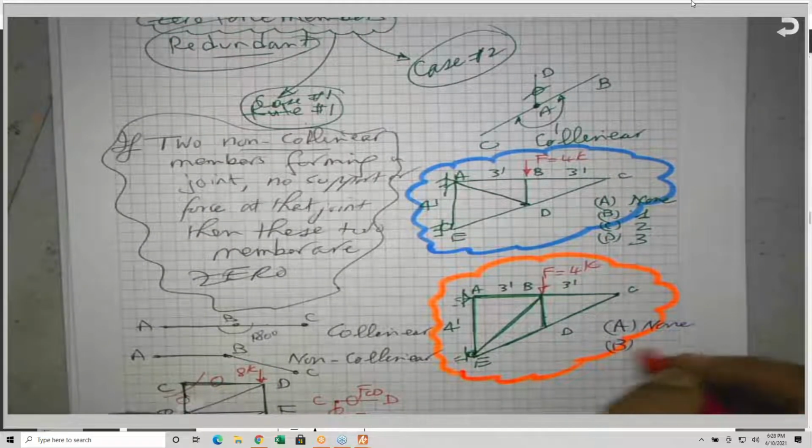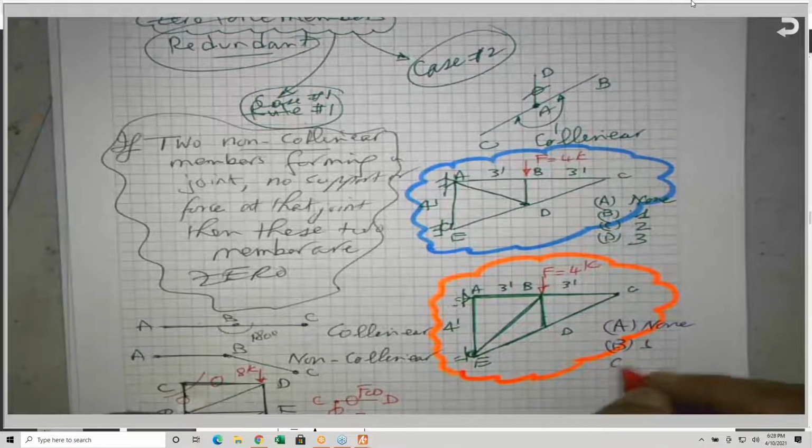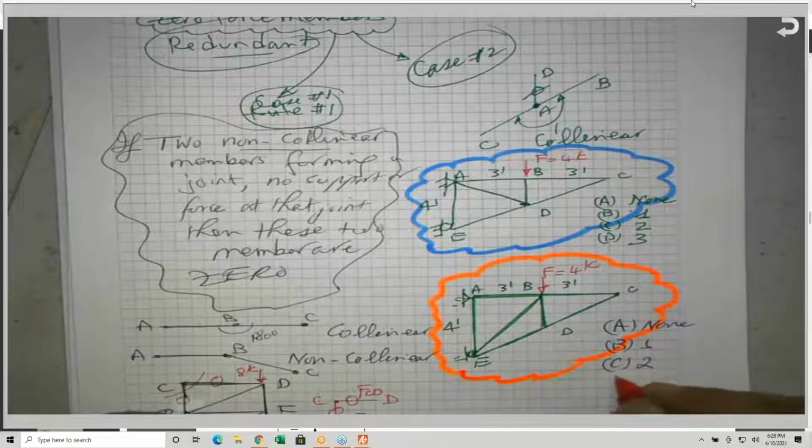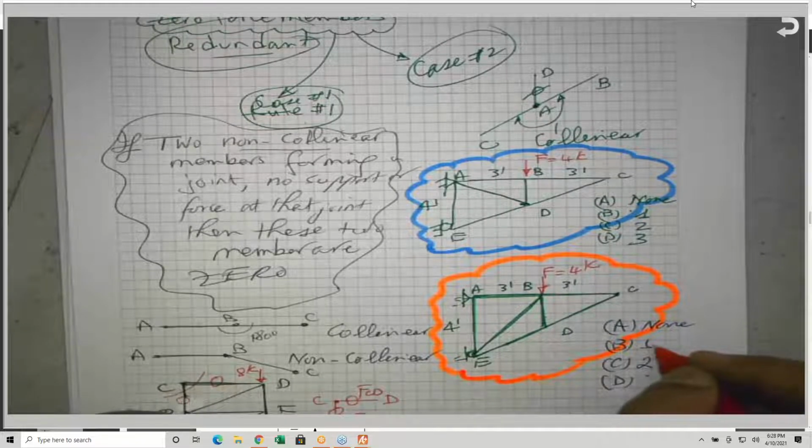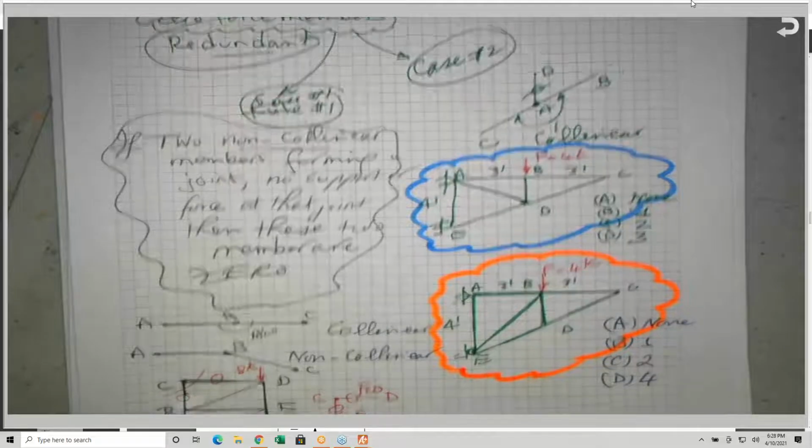Answer B, 1 member. Answer C, 2 members. Answer D, 3 members. Or let us make it none, 1, 2, 4. Let's skip 3.